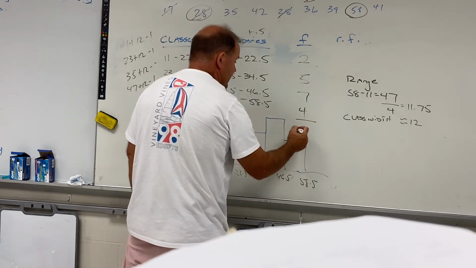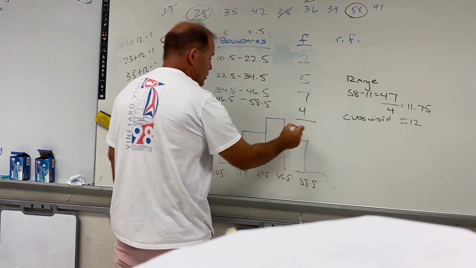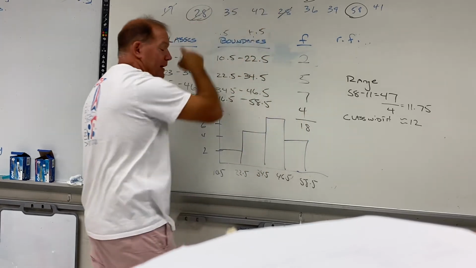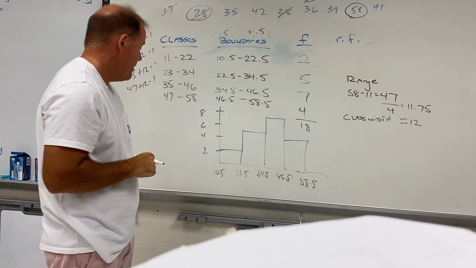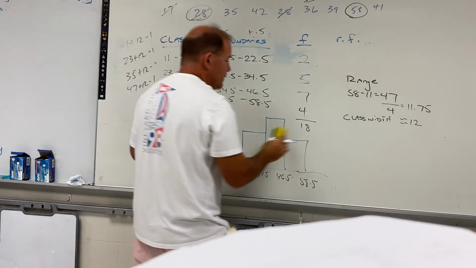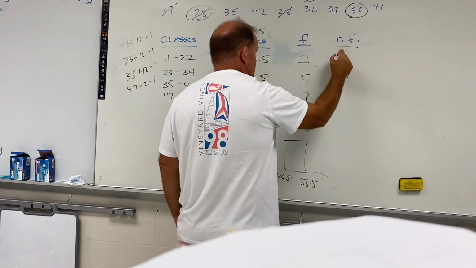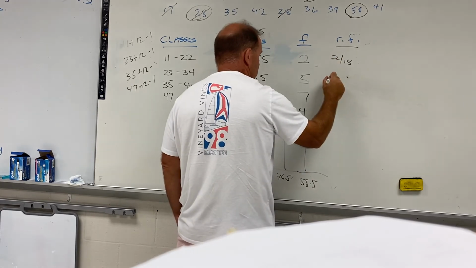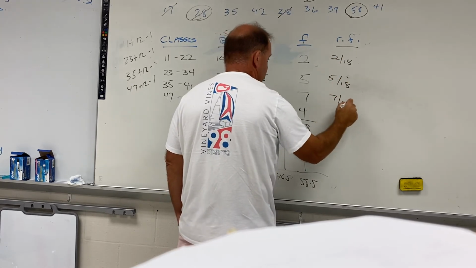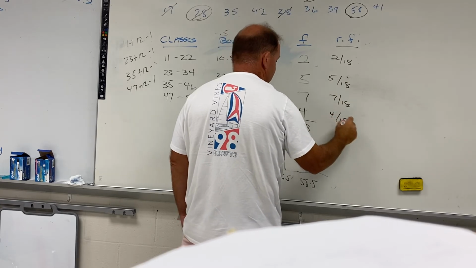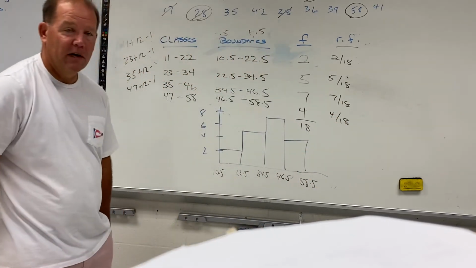The frequency is going to add up to the total number of values that we had. We had 18. A relative frequency is just telling us, in reference to the total, what percentage each one of these is of the total, as if we were going to do a pie chart.